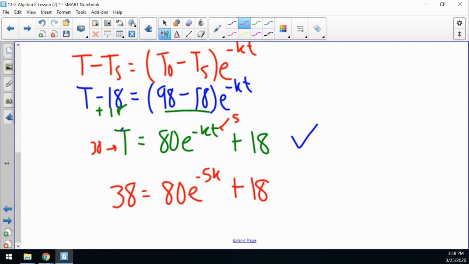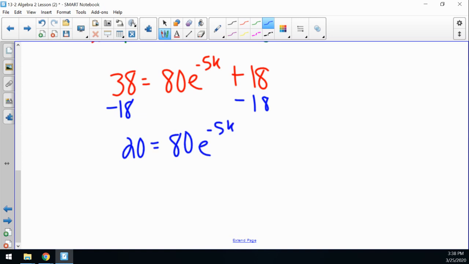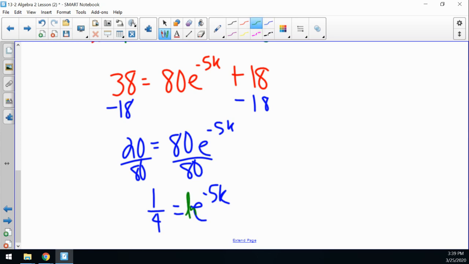If I solve this out a little further, I subtract 18 and get 20 is equal to 80 e to the negative 5k power. Divide by 80, divide by 80. I say 1/4, or 0.25, is equal to e to the negative 5k. Solving for k, I take the natural log of both sides.